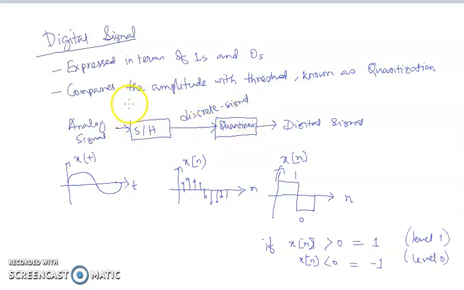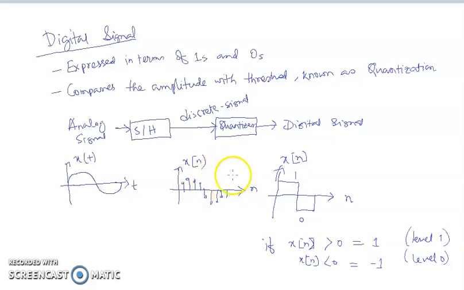When an analog signal is given to the input of the sample and hold circuit, it performs a sampling operation and produces a discrete signal by creating samples at certain instants of time. This discrete time signal has an amplitude which varies with time. So at different instants n, it has different magnitude.